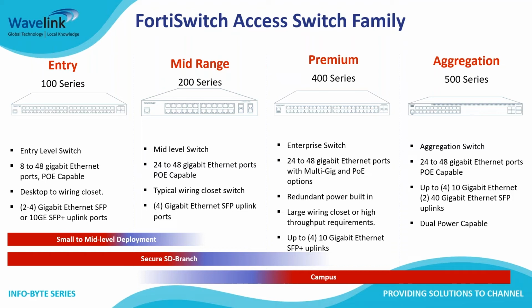Say if you decide to go with the standalone switch configuration without having FortiGate in the mix, you'll notice that the 100 series does not have any layer 3 capabilities. But the rest of them, 200, 400, 500, they all have L3 capability.